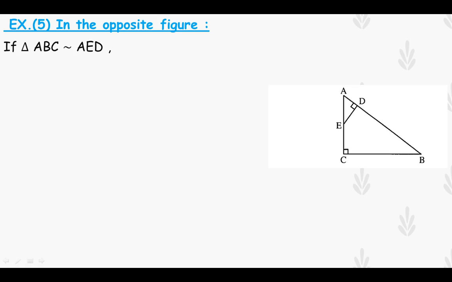So you can say that measure of angle A equals measure of angle A, because angle A here is a common angle. And measure of angle B will be equal to measure of angle E, and measure of angle C equals measure of angle D equals 90 degrees. Okay, so the two triangles are similar. This is a given for you.